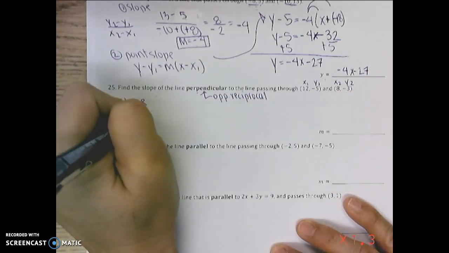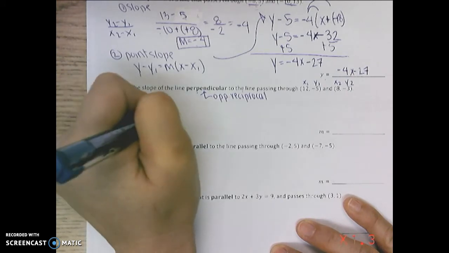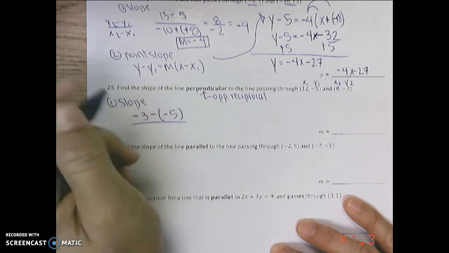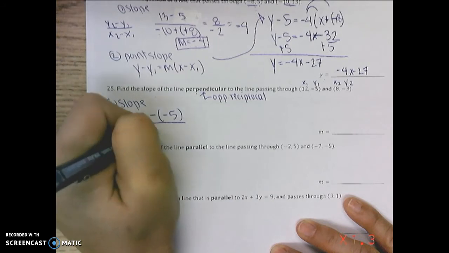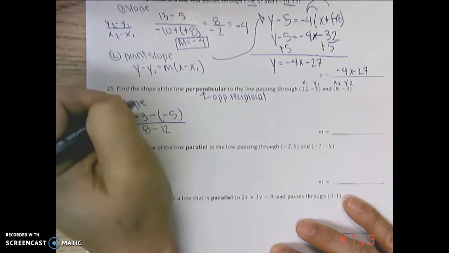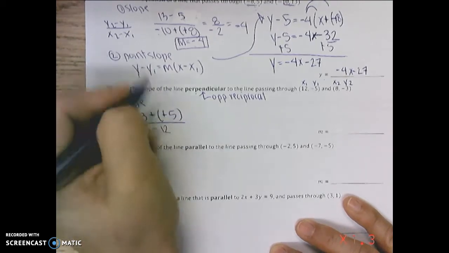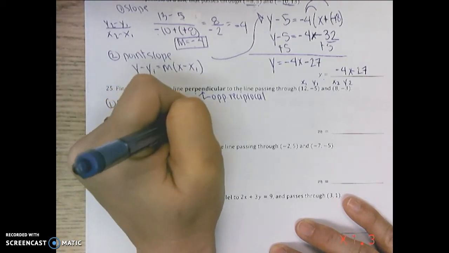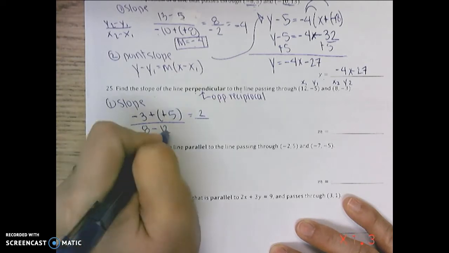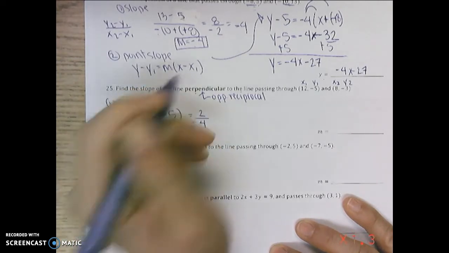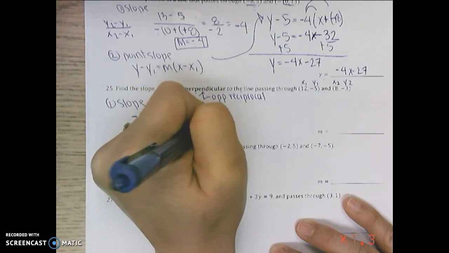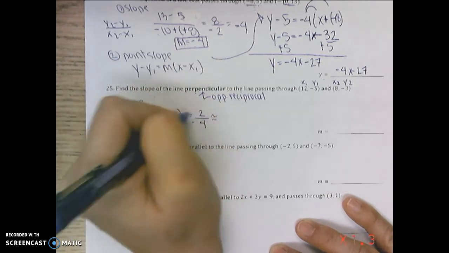So negative 3 minus negative 5 over 8 minus 12. Well, two negatives make a positive, so negative 3 and a positive 5 equal a 2, and then 8 minus 12 is negative 4.